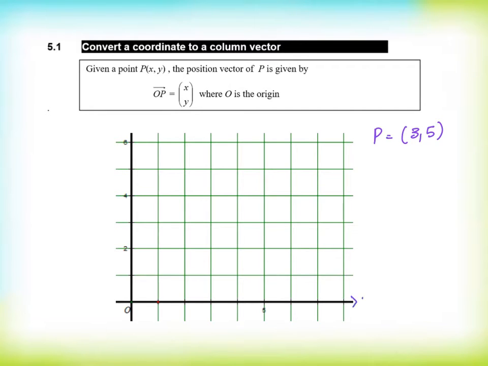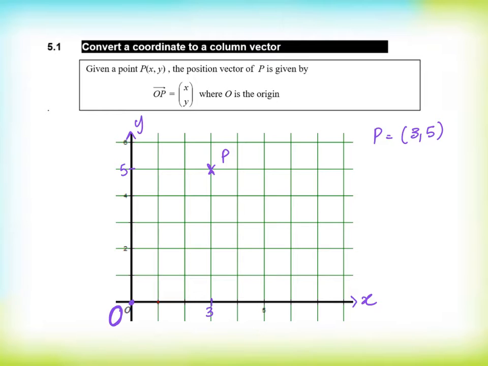The coordinate axes have the x and the y-axis directions, and the origin here is always the letter O. So now if I have to mark the point of this coordinate (3, 5), I'll have the point P at this position.